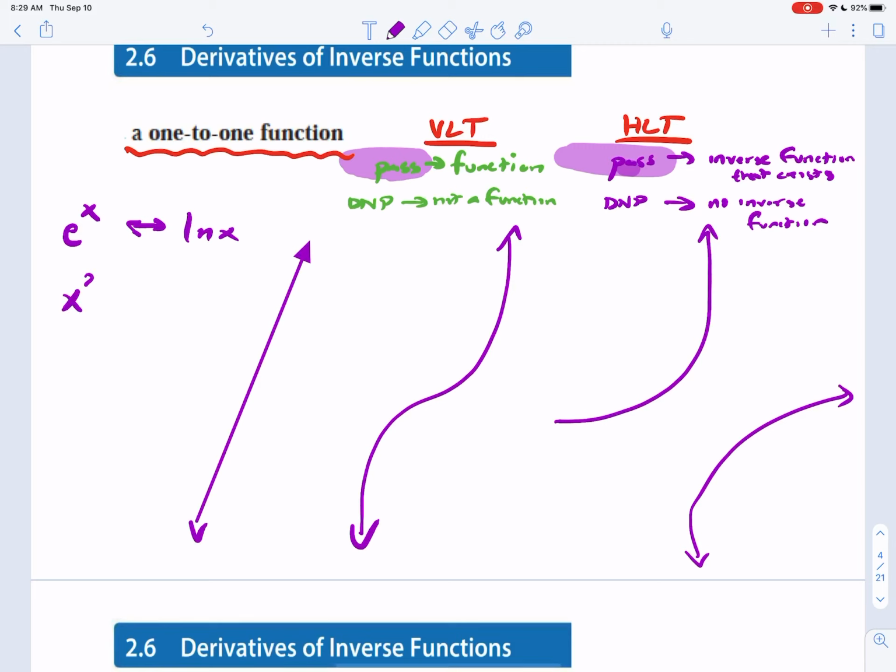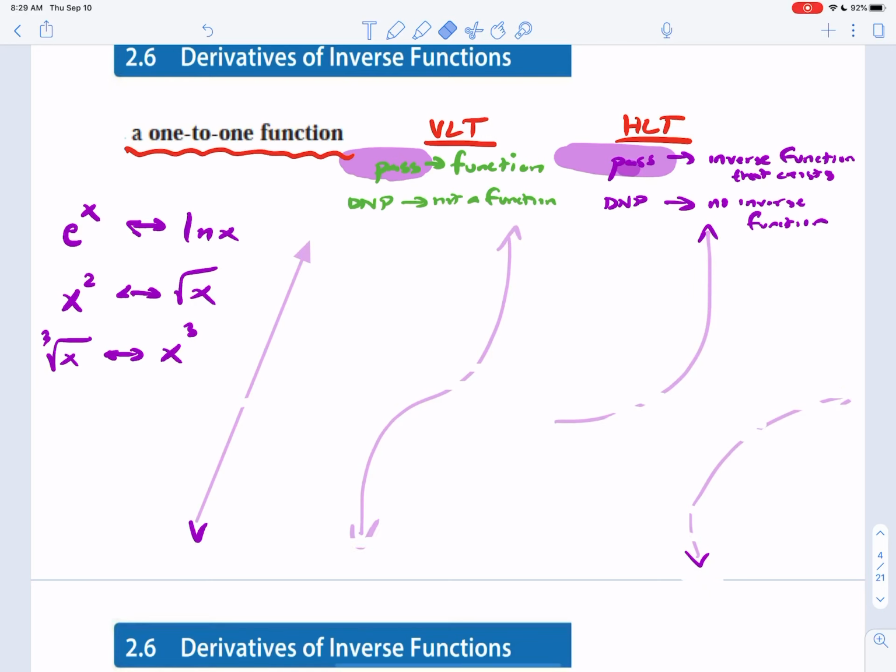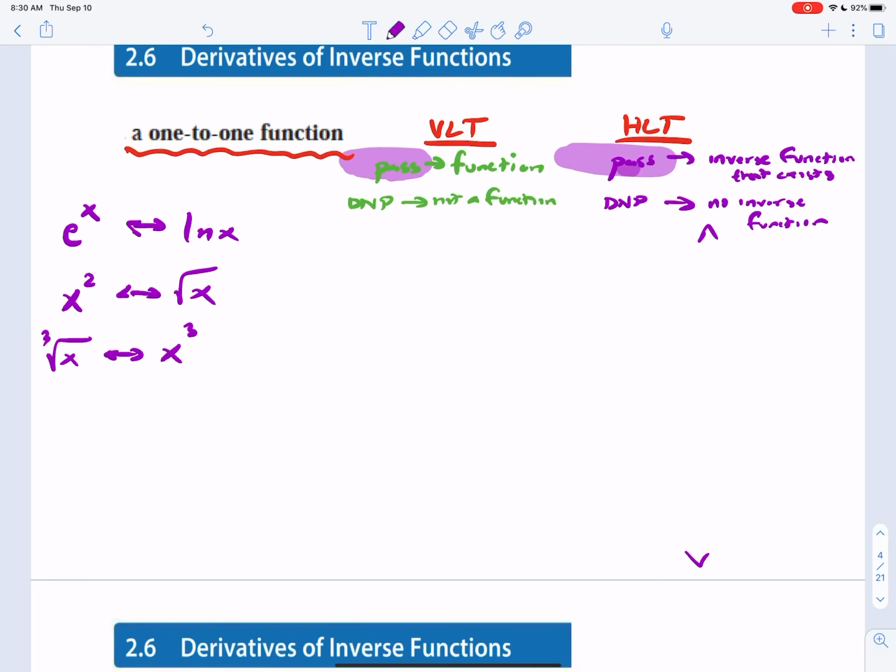The inverse of squaring something is a square root. The inverse of a cube root is just a cubic function. I'll give you one more.